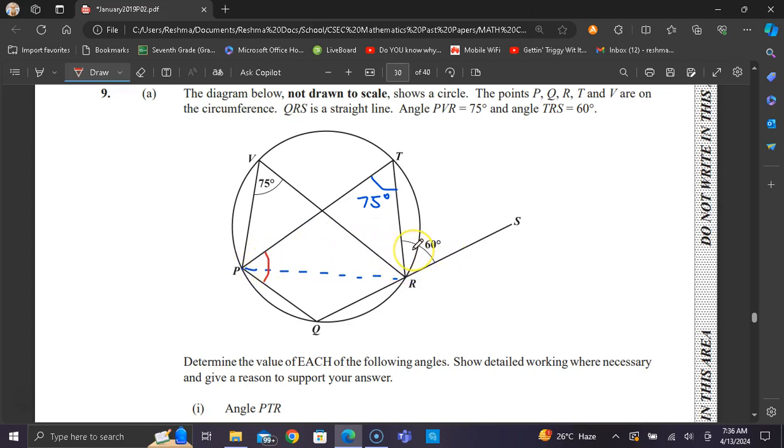The theorem that we're using here is that the exterior angle of a cyclic quadrilateral is equal to the interior opposite angle. Therefore, if this angle is 60 degrees, then this angle is also 60 degrees.